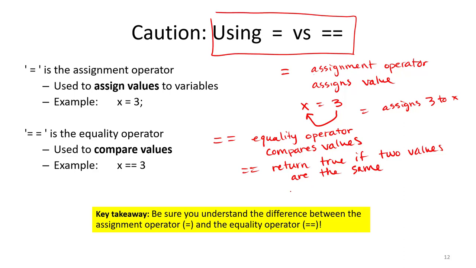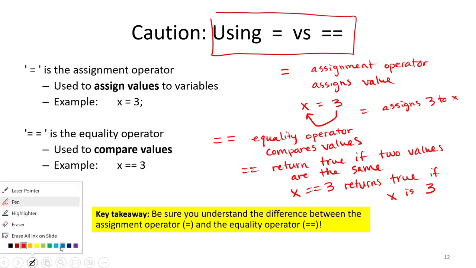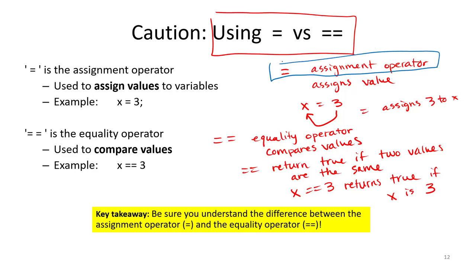For example, x double equal 3 returns true if x is 3. This difference is very, very important. So make sure, as you start practicing writing Boolean expressions, you use the correct operator. Single equal for assigning value, double equal for comparing value. Very important to know the difference between these two.